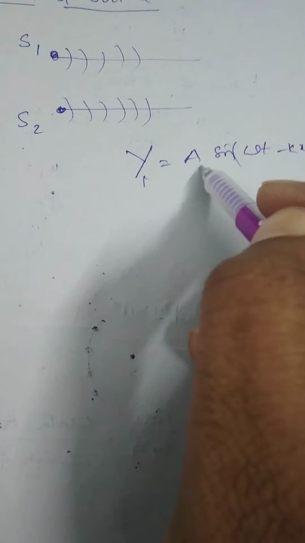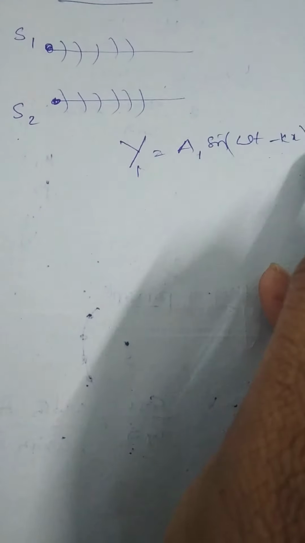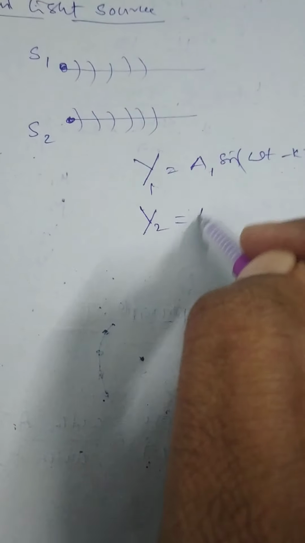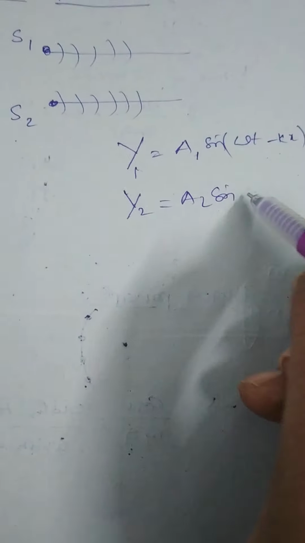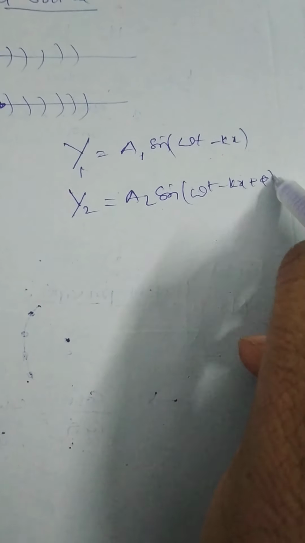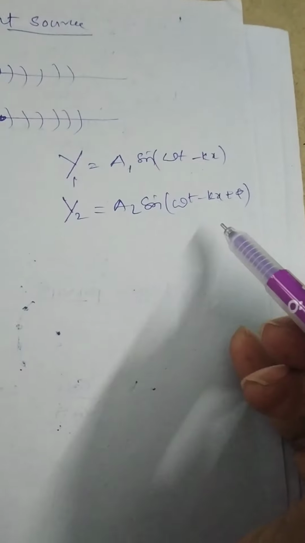Y1 is equal to a1 sin(omega t minus kx). For the second one, y2 is equal to a2 sin(omega t minus kx plus phi).